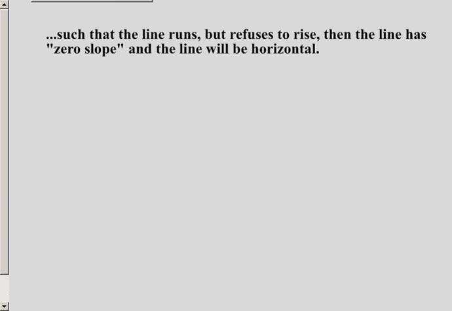When this happens, basically we have a slope fraction that has a 0 as a numerator. And hopefully we know by now, if you have a fraction with a 0 as a numerator, that makes the value of the fraction 0. When that happens, we say that we have 0 slope, and the line will be horizontal.